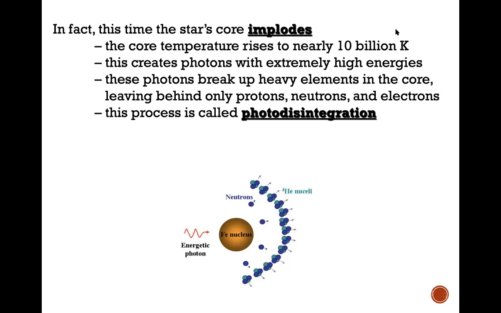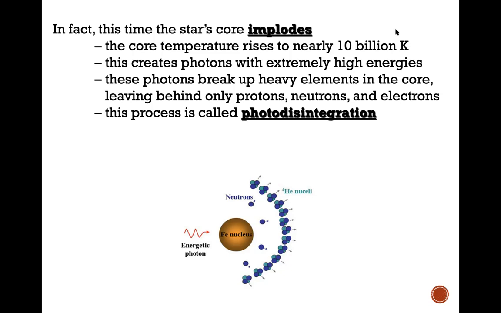Now, when you have this much temperature, there is something specific that can happen. This kind of temperature will create photons with extremely high energies. Now, these high energy photons can even break up these heavy elements in the core.